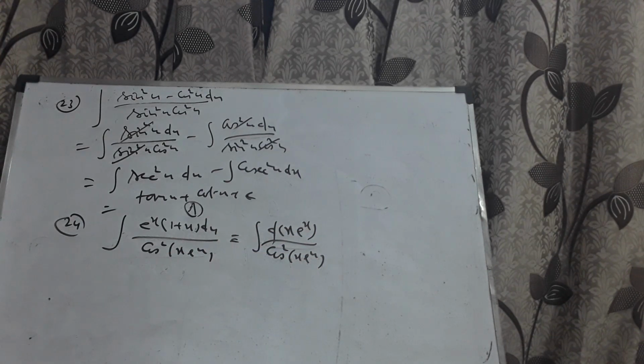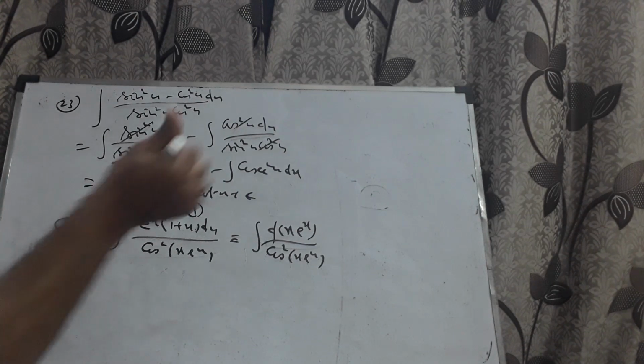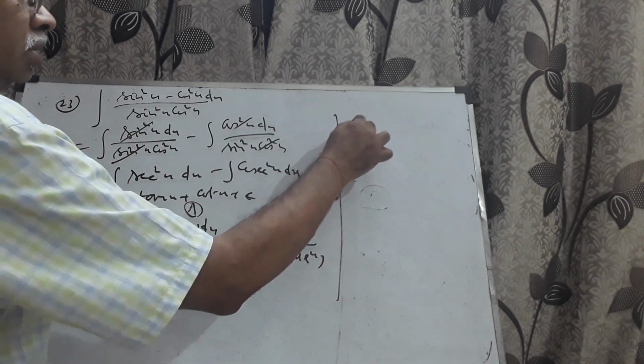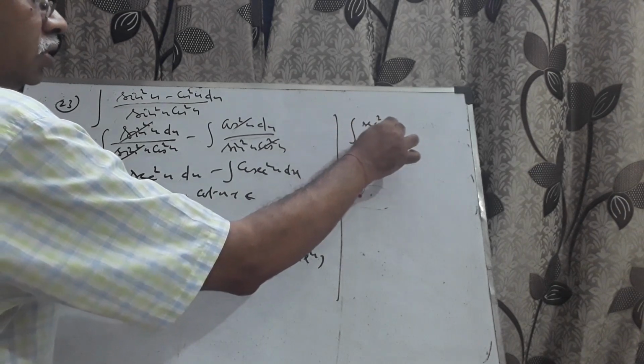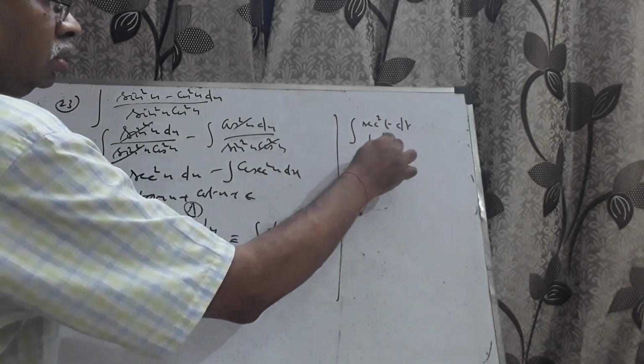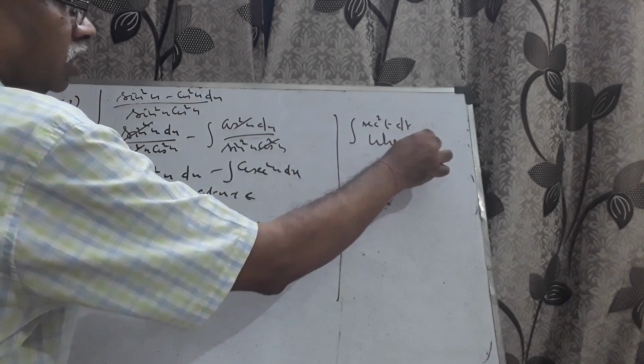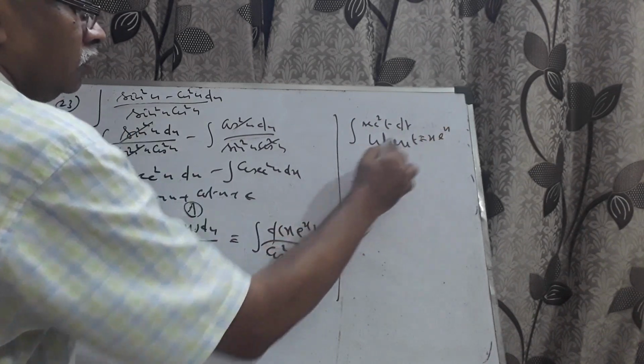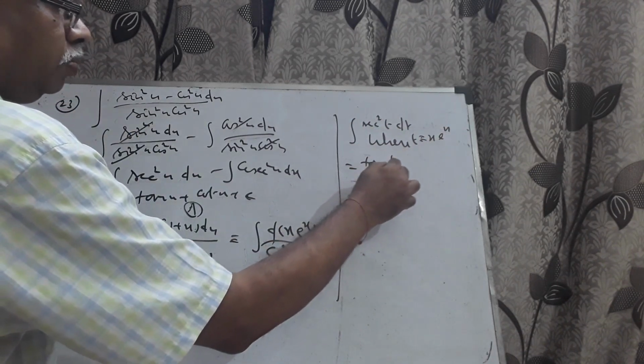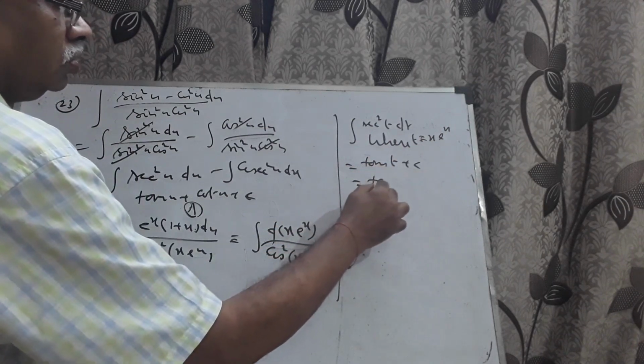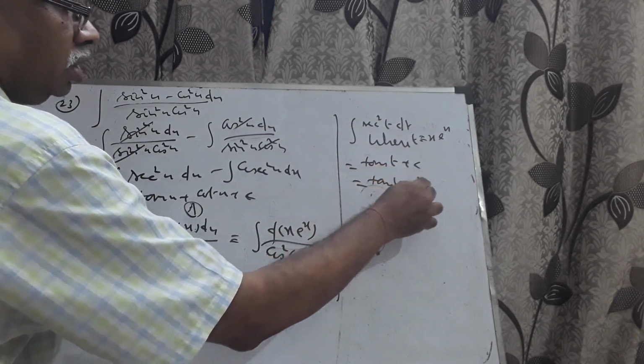X into e power x gives e power x into 1 plus x dx. This can be simply written as integral secant square t dt, where my t is x e power x, which is nothing but tan t plus c, which is tan of x e power x plus c.